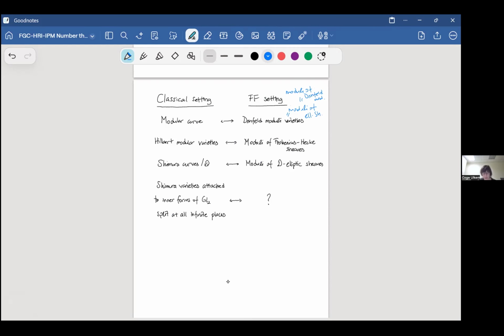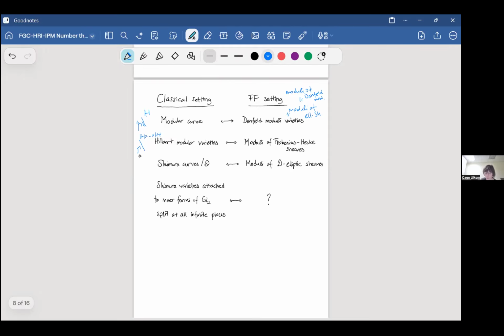Then in the classical setting, you can also think of a modular curve as a quotient of the upper half plane by a suitable group. And Hilbert modular varieties, you can think of them as copies of the upper half plane, and you look at quotients of it.